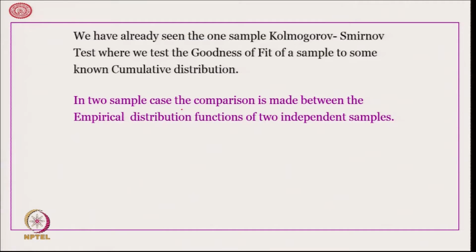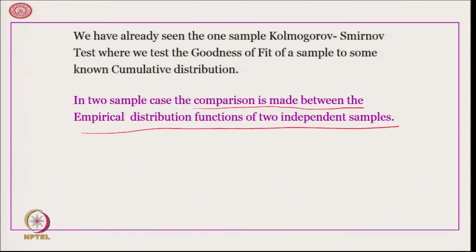However, in the two sample test, we are not comparing a sample with a known distribution; rather we are checking whether the two samples are coming from the same distribution or having the same empirical distribution.